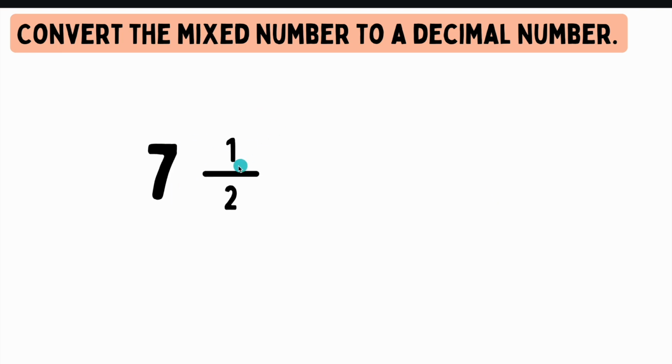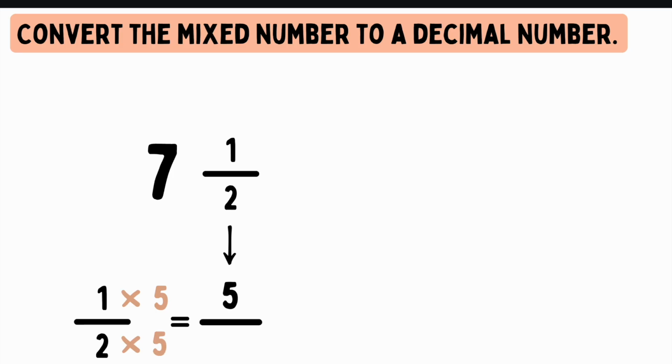We have 7 and 1 half. One way to go about this is to convert this half into tenths. In order to turn the half into tenths, we need to multiply the numerator by 5 and the denominator by 5. 1 times 5 equals 5. 2 times 5 equals 10. Now we have tenths. 1 half is equivalent to 5 tenths.